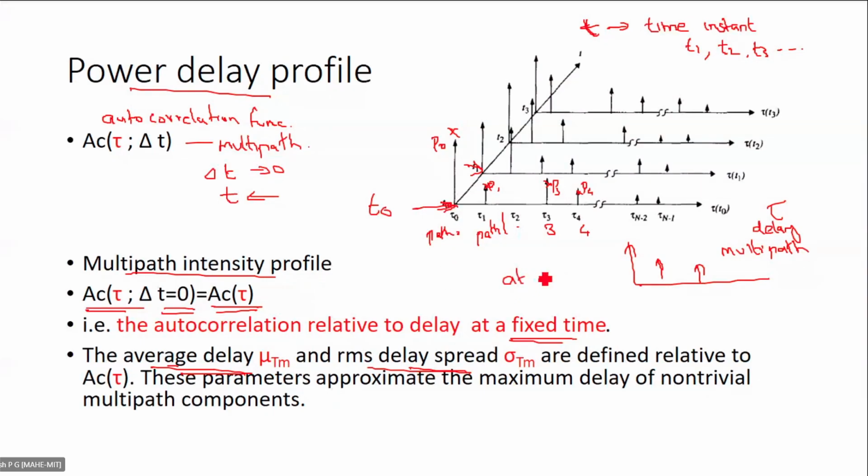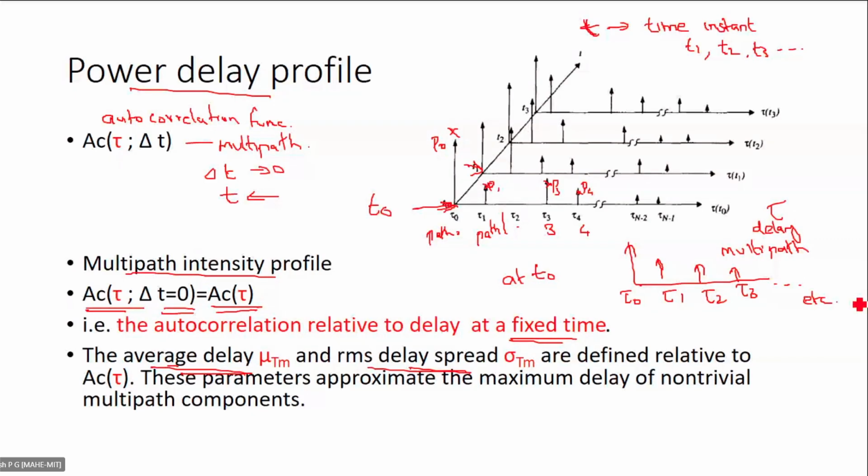So at T0, you are having multiple components, which is like this: tau 0, tau 1, tau 2, tau 3, etc. So these diagrams capture the effect of multipath.